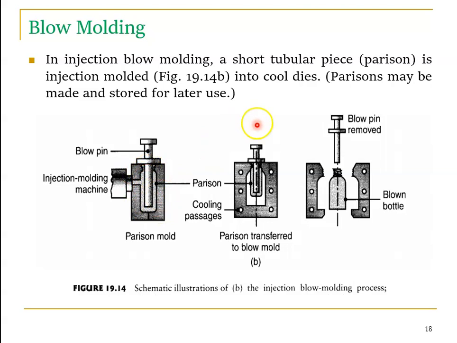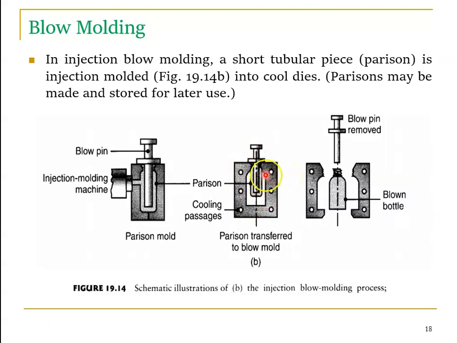Then it is transferred to the blow die, and the blow pin moves in and air is blown. The parison sticks to the internal surface of the cavity. After curing, we remove the material. This is blow molding.